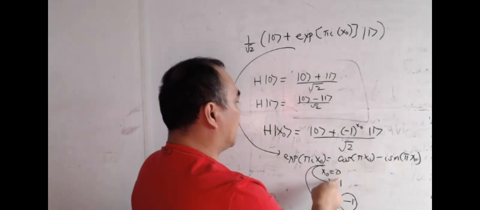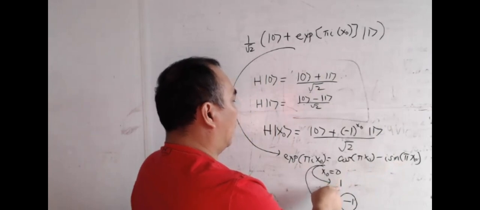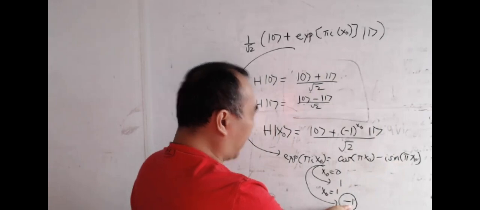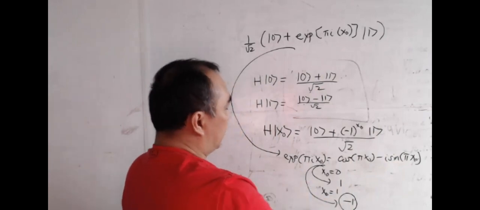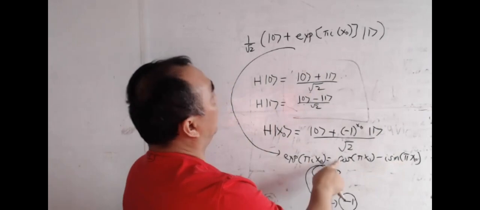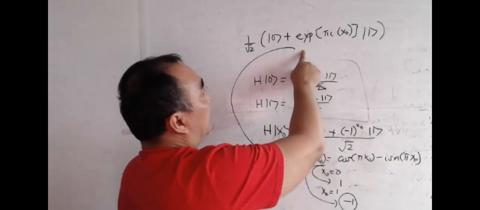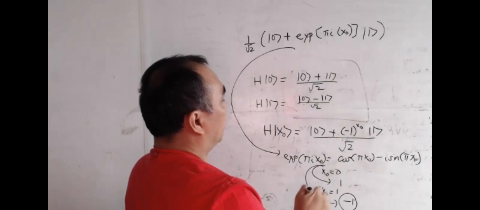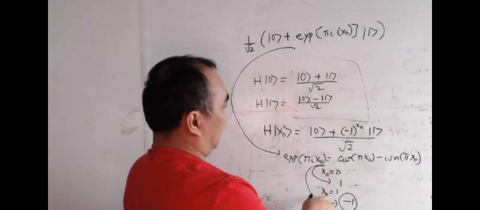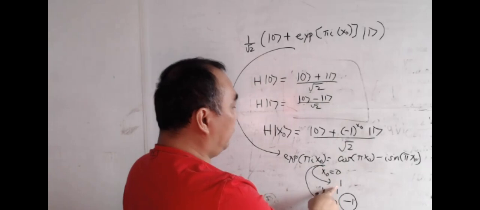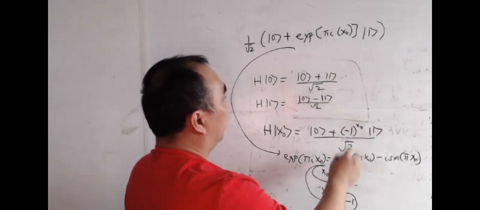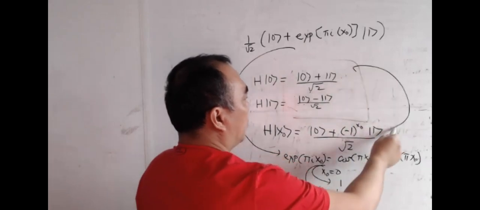When x equals 1, the value of this expression is -1. Which means the value of the exponential is 1 when x equals 0, and -1 when x is equal to 1, which is precisely this one here.